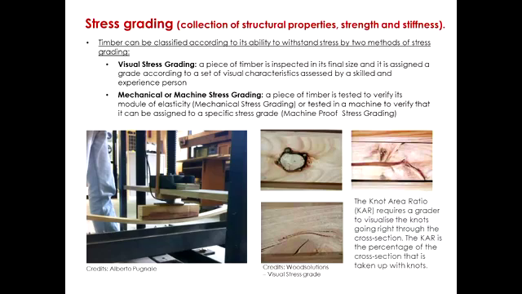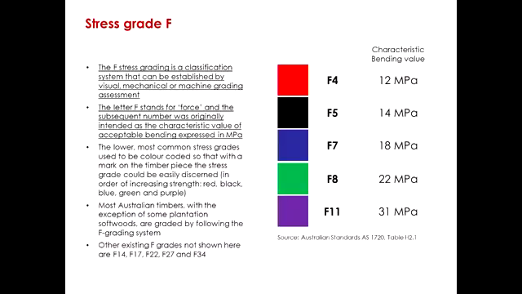Also, products that are assessed visually are going to be tested using machines. But there is a first selection in which, according to the defects the timber products have, they will be divided into categories. Visual stress grading provides those categories, such as F4, F5, F7. They're color-coded, just to have a simple and fast identification of the grading. F, in this particular case, stands for force.